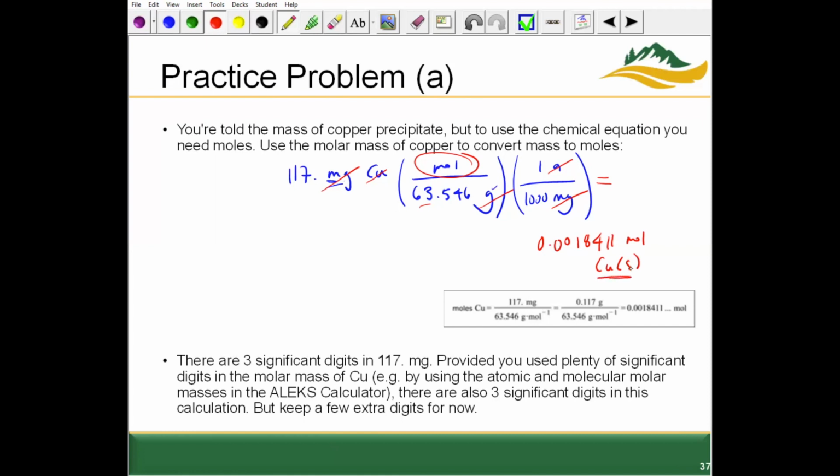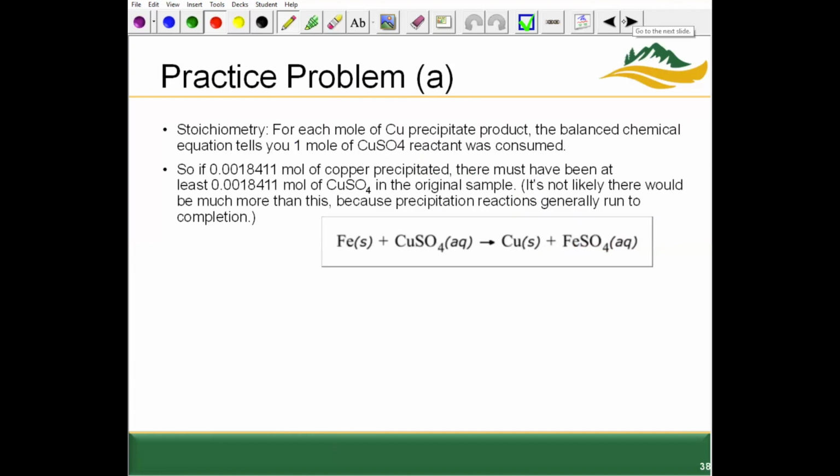It's important to label this because we're going to connect moles of copper precipitate to moles of copper 2 sulfate, so let's label that very clearly now. We're going to keep this number of sig figs and go into our next step. We have 0.0018411 moles of copper precipitate, and we want to connect this to the moles of copper 2 sulfate.